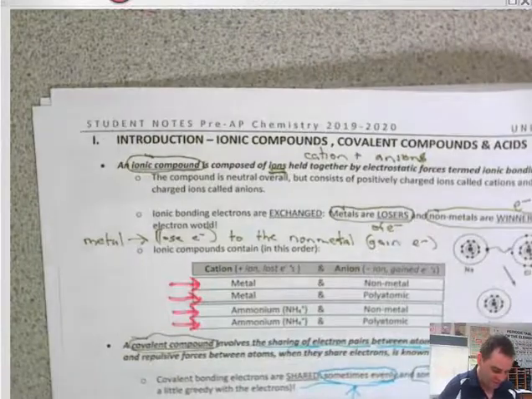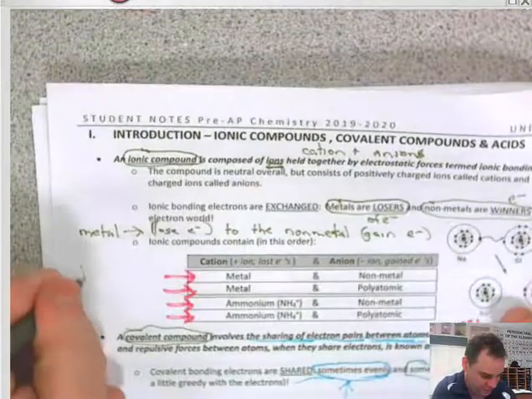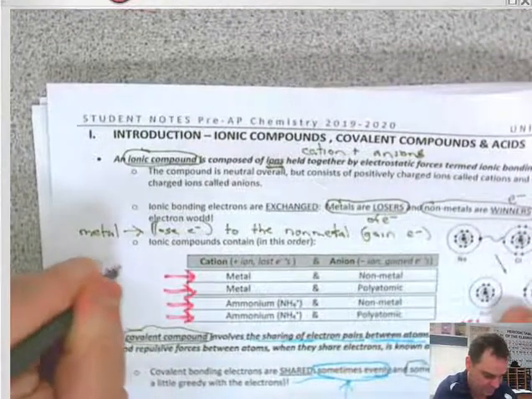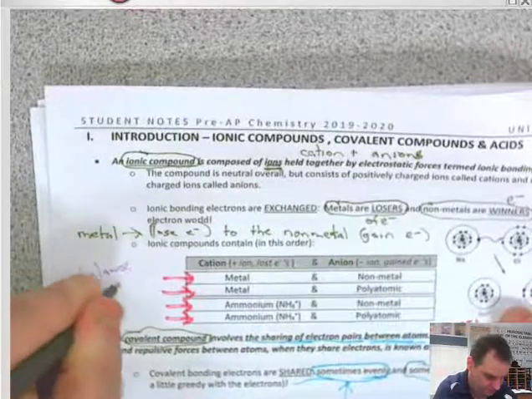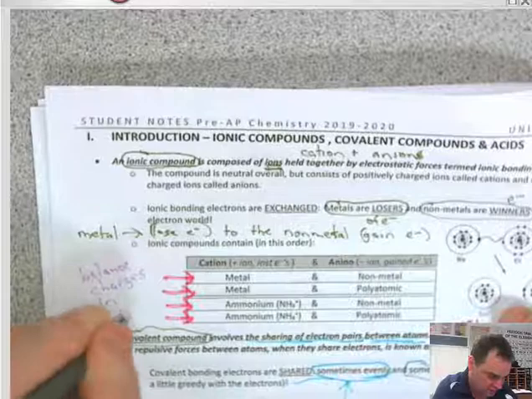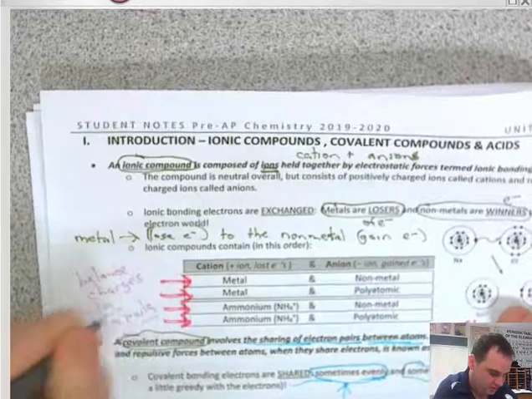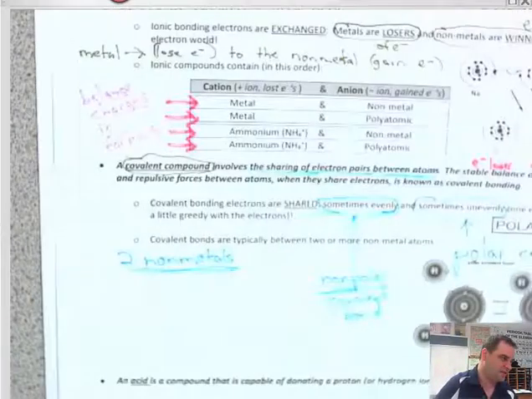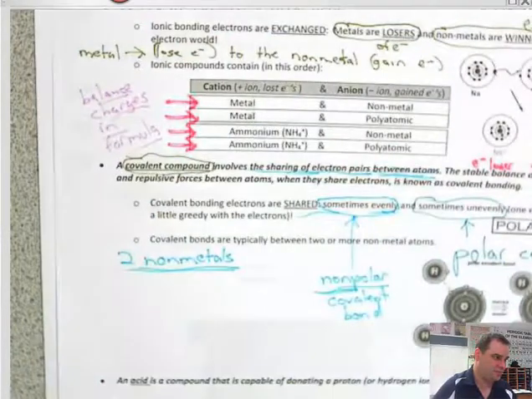So when you go up to ionics, I need to put this point in here too. You have to balance charges in formulas. You do not have to balance charges in formulas for covalent compounds.